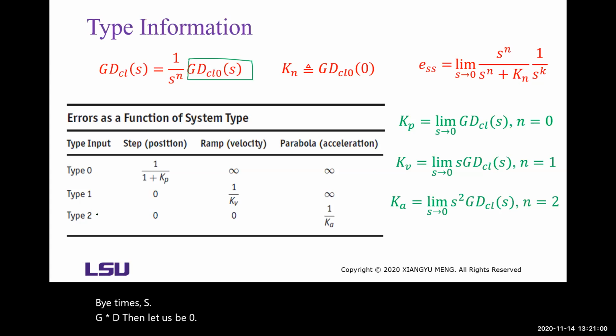For type 2 systems, so n is 2. It has 2 poles at 0. Then type 2 system can track step signal and ramp signal with 0 steady state tracking error.